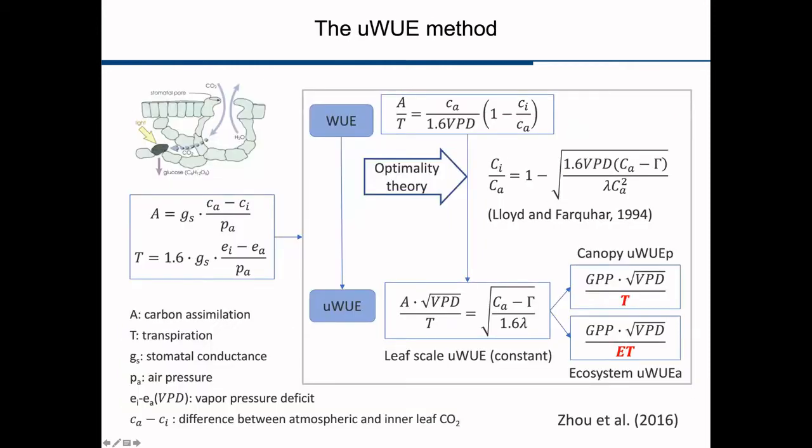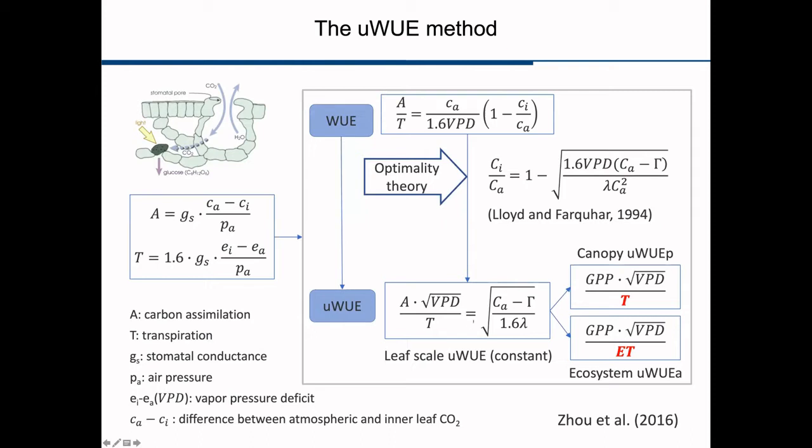At the leaf level, WUE is defined as the ratio of carbon assimilation A over water transpiration T. Combining this WUE equation with the optimal stomatal conductance model, we propose the concept of underlying water use efficiency, uWUE. It's defined as the ratio of A times square root of VPD over T at the leaf level.